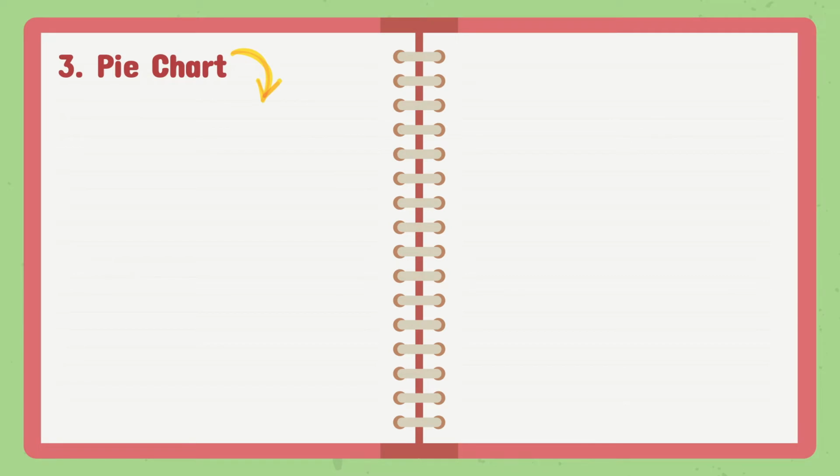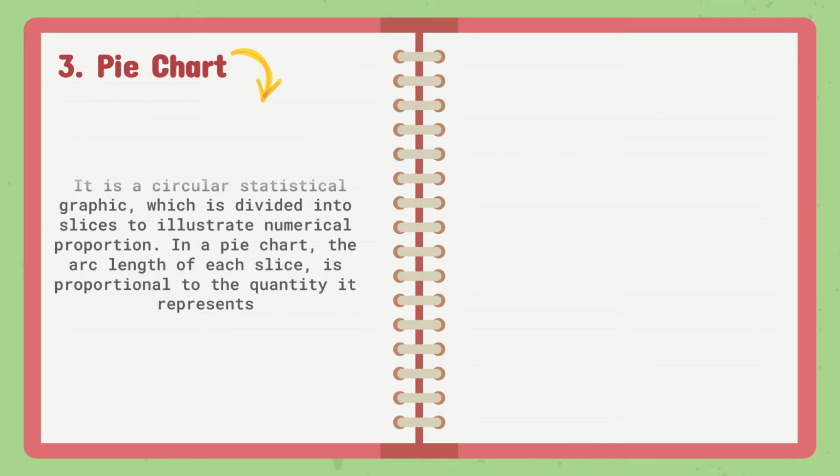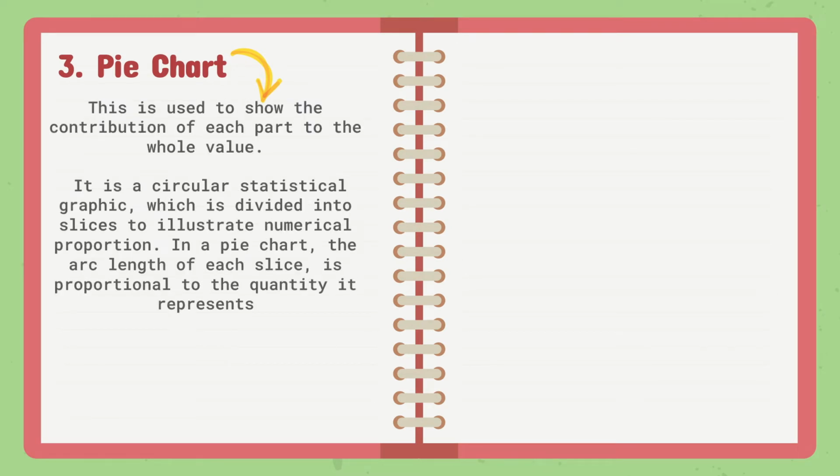Number 3, pie chart. This is used to show the contribution of each part to the whole value. It is a circular statistical graphic which is divided into slices to illustrate numerical proportion. In a pie chart, the arc length of each slice is proportional to the quantity it represents.